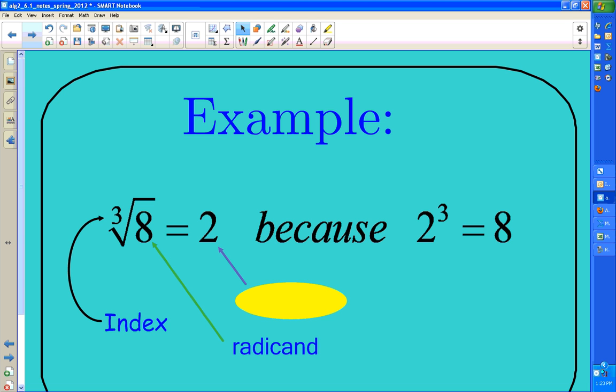I thought that was something that we talked about before. And the 2, when we come over here, becomes the base in this problem. The 2 raised to the power of 3 is equal to the radicand. So when we get it into exponential form, this becomes your base over there in exponential form. 3 is the index, and 8 is the radicand.